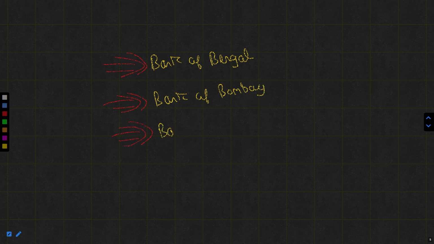What are the years of establishment? Bank of Bengal, 1806. Bank of Bombay, 1840. Bank of Madras, 1843. So this is the establishment of these banks.